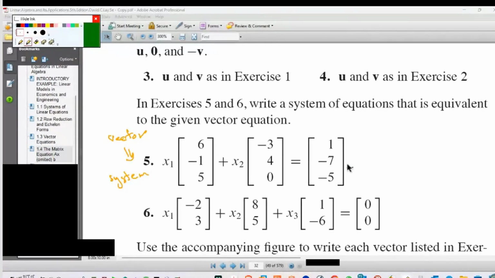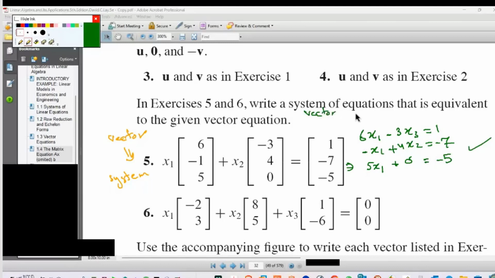Easy. 6x1 minus 3x2 equals 1. Minus x1 plus 4x2 equals minus 7. 5x1 plus 0 equals minus 5. So here I converted from vector to the system.